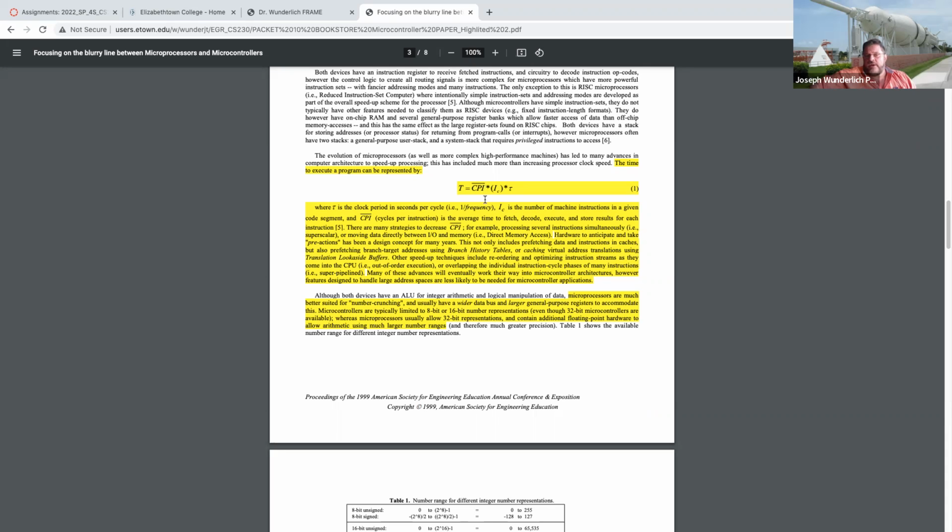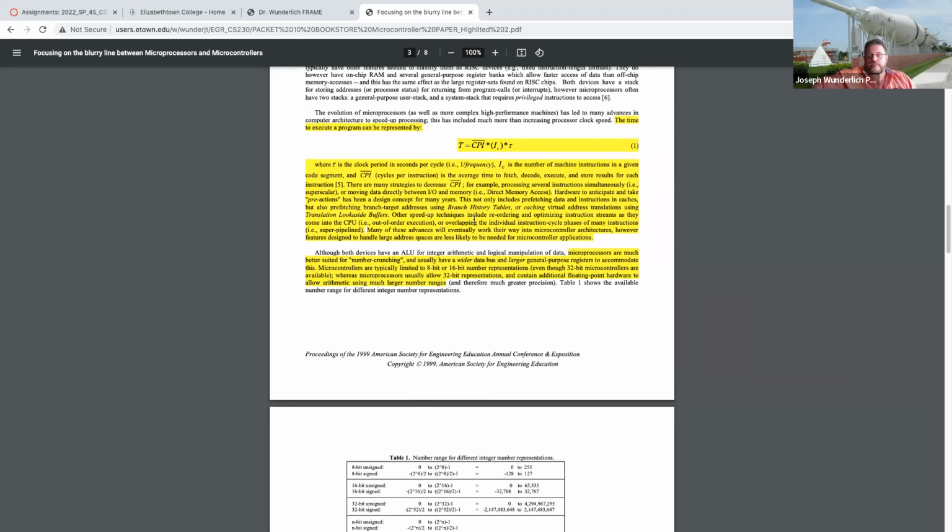If you're a hardware designer, you speed up the machine by doing a lot of different things in parallel pipelines, any kind of caching, regular caches, data and instruction caching, and branch predictions, which we just talked about, caching virtual translations. All that is speed-up measures that decrease the average number of cycles per instruction.